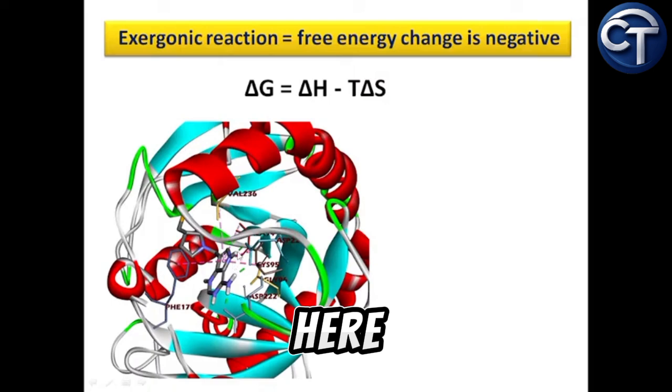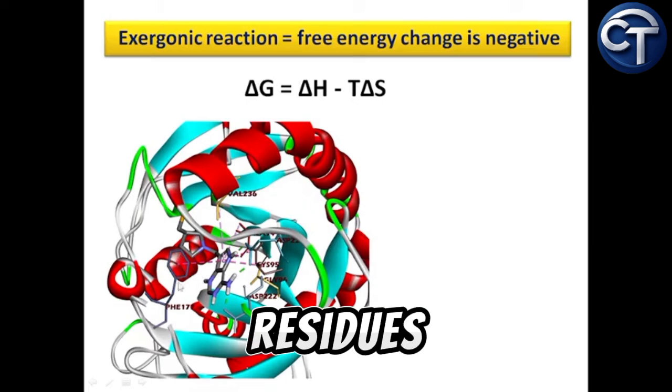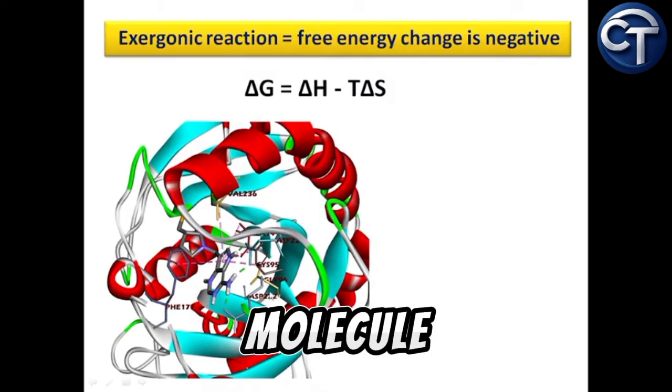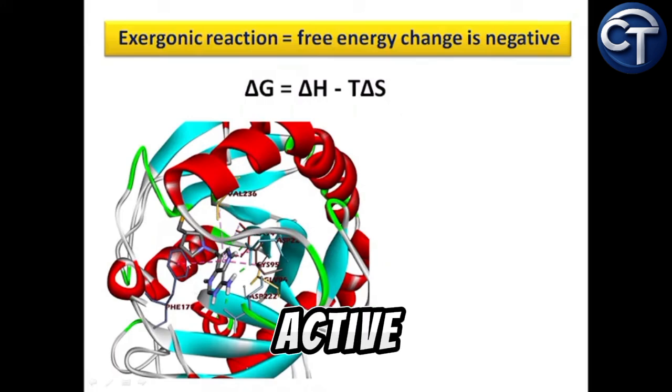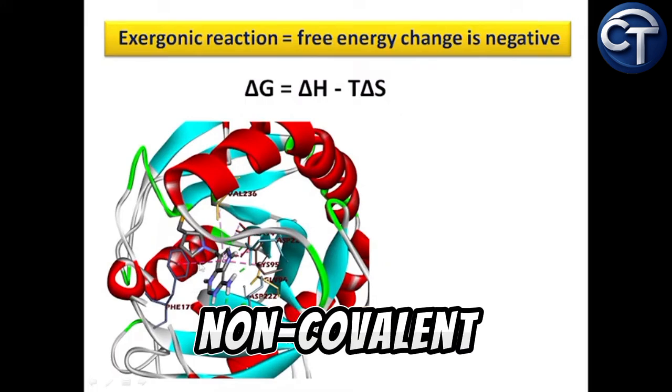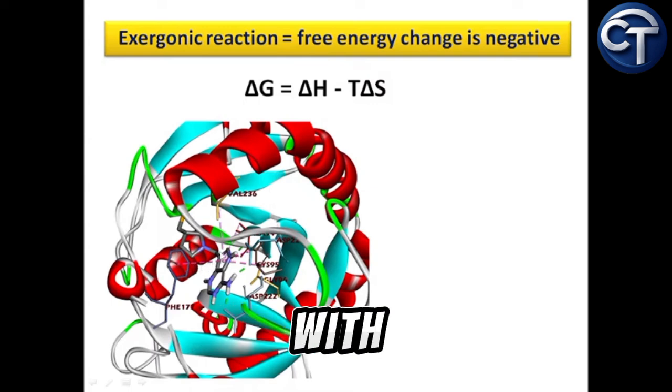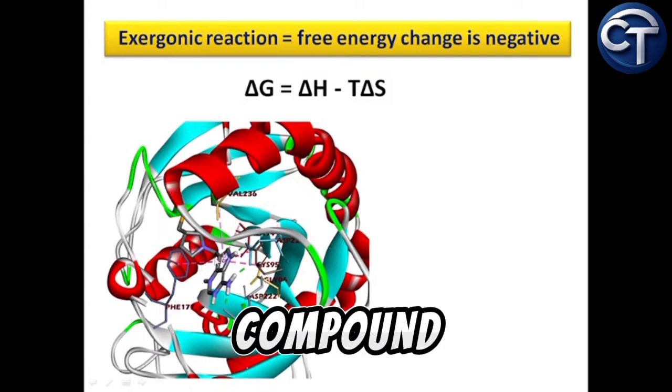Okay, so you can see here, this structure is the ligand, and these are the active site residues like phenylalanine 177 and aspartate 222. These are the residues which are present in the binding site of the protein molecule. And these active site residues form non-covalent bonds like hydrophobic interaction, electrostatic, or van der Waals with the groups of the ligand or chemical compound.